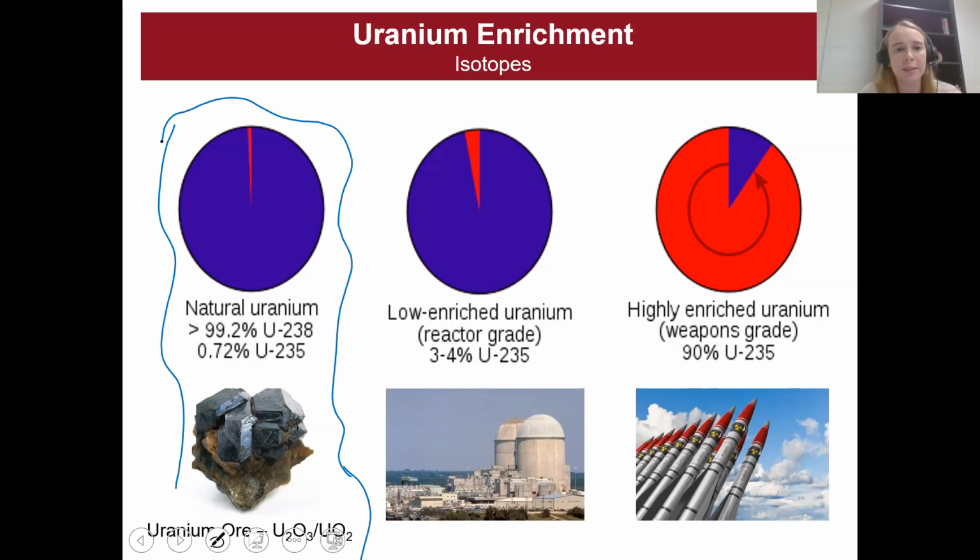So they take that uranium-235 and they enrich it, which means they increase the percentage of uranium-235 found in their sample. So now we have more uranium-235, and we keep enriching it to get a higher percentage of uranium-235, which is when we call it weapons grade.